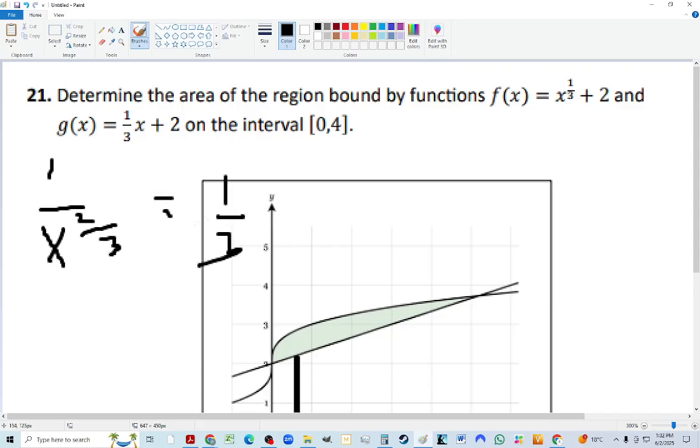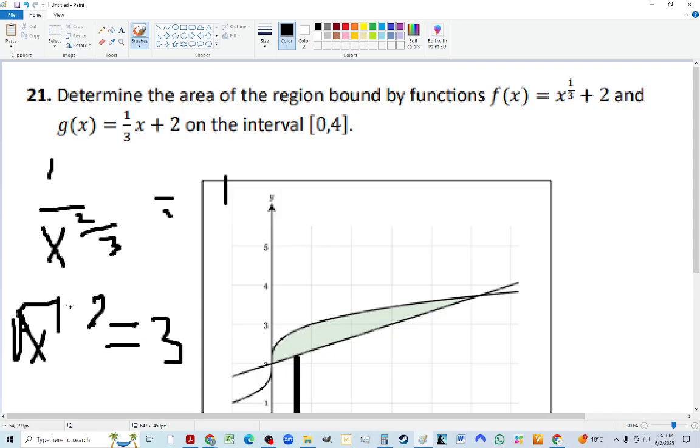You multiply by 3 on this side, and multiply by x to the 2/3 on this side. So it's essentially, when is the cube root of x squared equal to 3? Well, you get rid of the cube root first by cubing both sides.